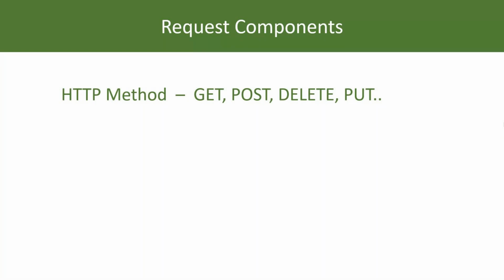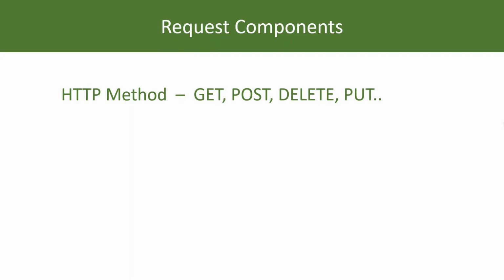So since we are highly focusing on the request and response, let's look at the components of a request. Okay, so there are four components in that. HTTP method is the first component, and HTTP methods are these: get, post, delete, put, option, trace, and so on.